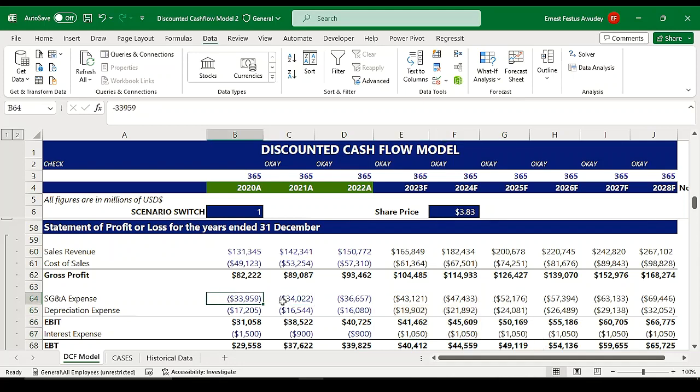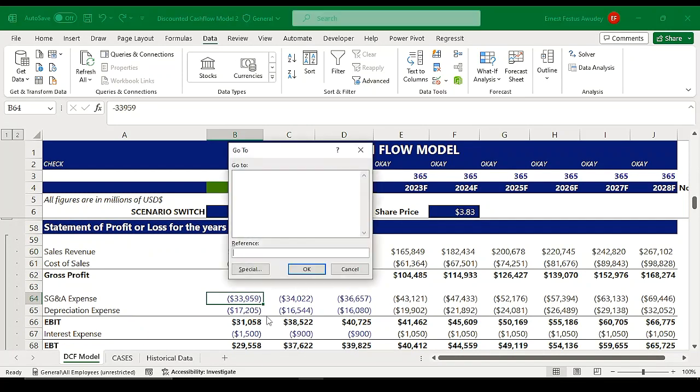The other ones which you are seeing in blue are what we call the hard-coded figures. And to achieve this, you can simply use the function key F5 on the keyboard, and that opens what we call the go-to window.